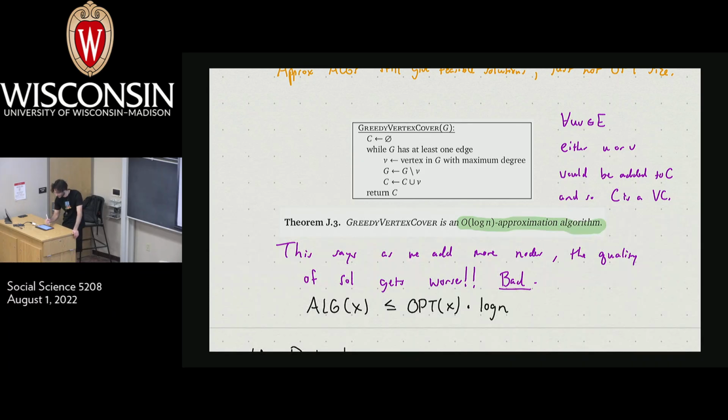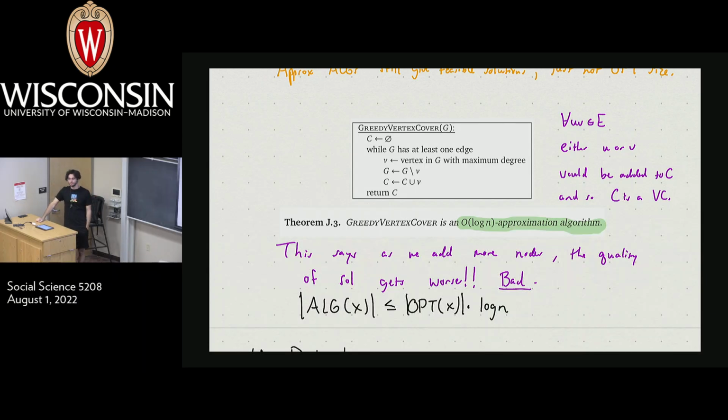In particular, this is the size, the number of vertices in the cover. So as you make your graph bigger and bigger, the algorithm needs progressively more and more extra nodes than the optimal would.